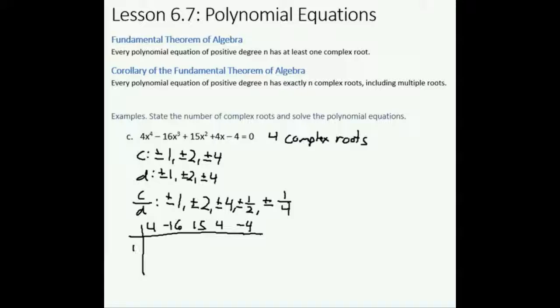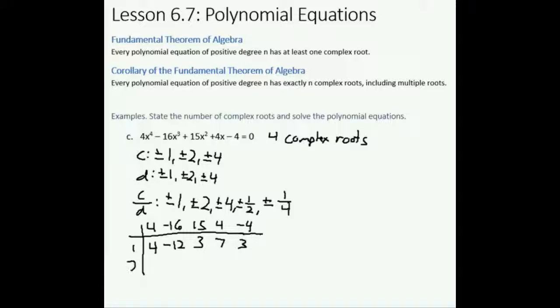Let's go ahead and try 1. Bring down the 4. 4 times 4, 16, that's negative 12. 1 times negative 12 is negative 12, plus 15 is 3. 3 plus 4 is 7, and 1 times 7 plus negative 4 is 3.